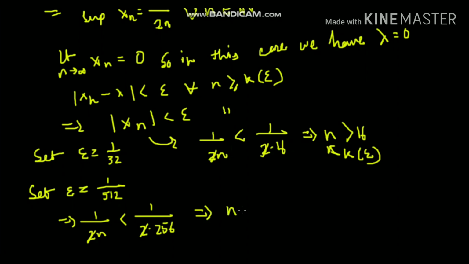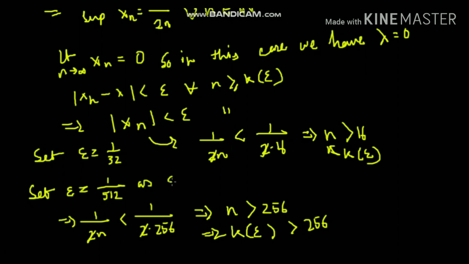Cancelling out the 2's again, same calculation, we get n is greater than 256. Do you notice something? Yes, the value of k of epsilon increases a lot. It is actually now 16 squared. It should be k of epsilon should be greater than 256.